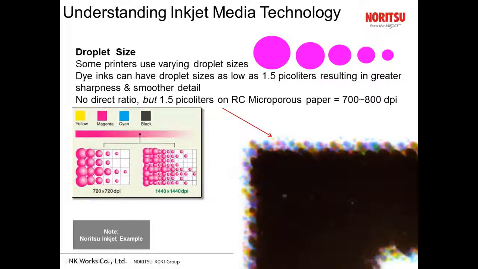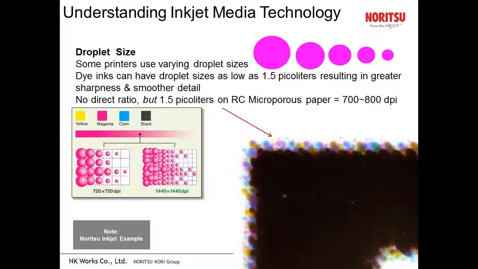Now keep in mind, your human eye, even those of you with a young eye that do not need reading glasses, you still cannot see beyond 267 dot per inch. There is no direct ratio of picoliters to dot per inch because, as I mentioned, feathering and dot gain of the droplet size is dependent on the paper.